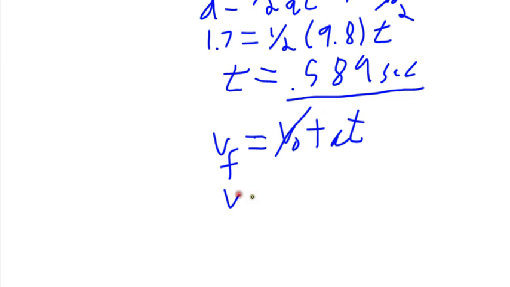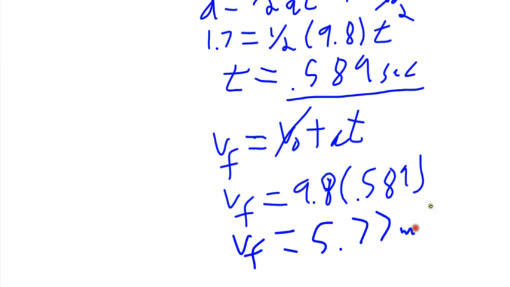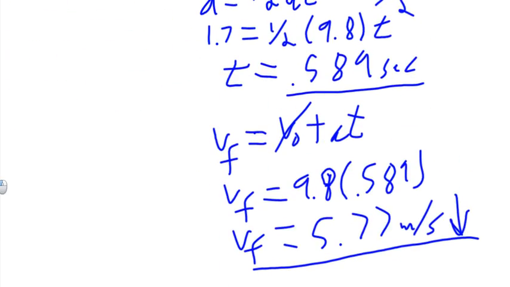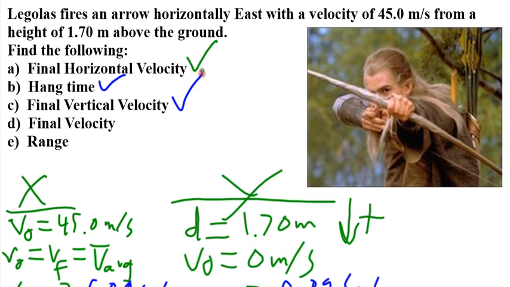So we know our VF is going to be equal to our acceleration, 9.8. And again, it's positive because we've set down as our positive direction. So it's 9.8 times our time of 0.589 seconds. So our VF is equal to 5.77 meters per second down. And that's our final vertical velocity. Remember, right now we are only working in the y.